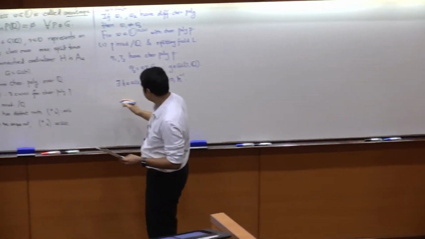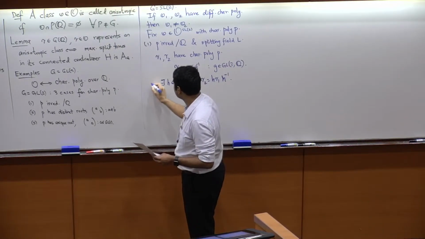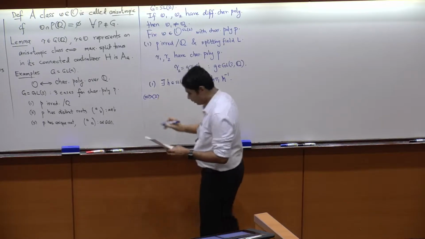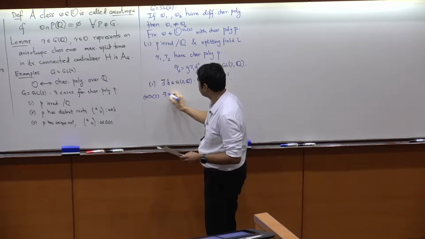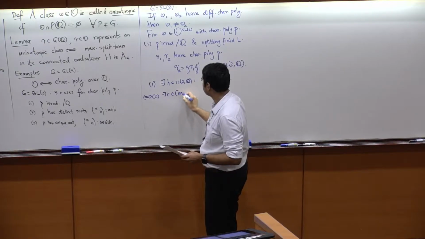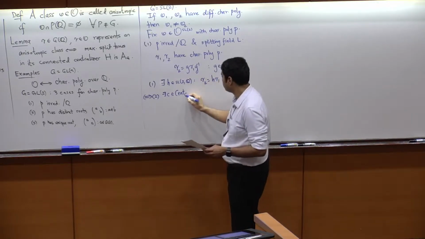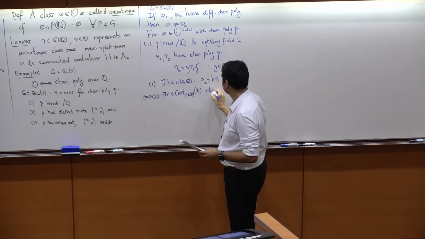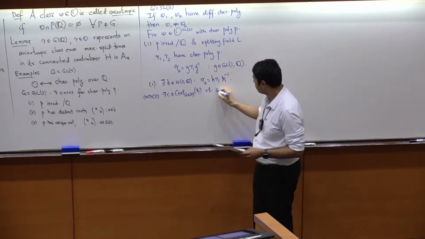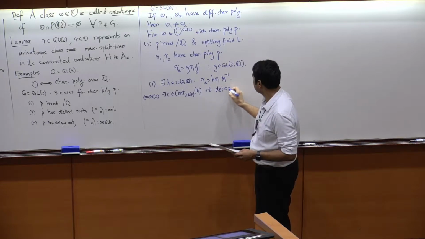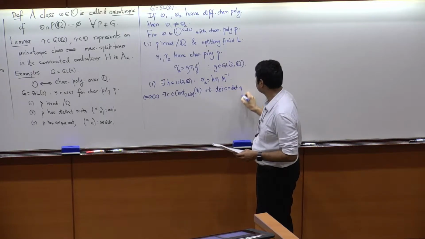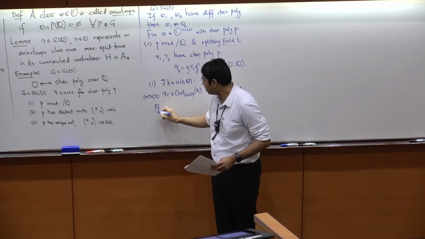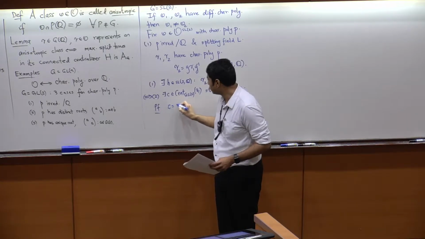So the equivalent condition for this is saying that there exists an element C in the centralizer, which I'm denoting as CENT, of GL2 of gamma 1, such that the determinant of C is the same as the determinant of G. And the way to see these two statements are equivalent is just by denoting that C is G H inverse.